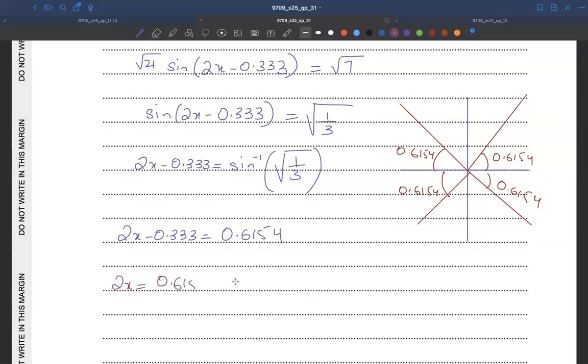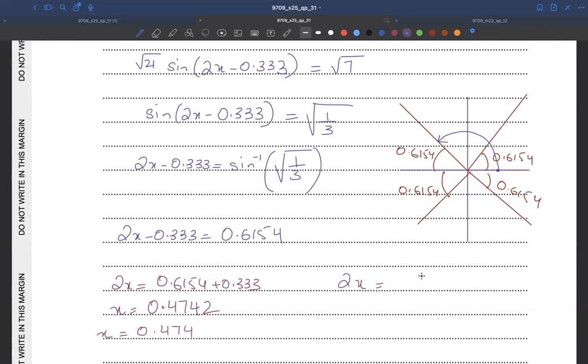0.6154 plus 0.333, and then we divide by 2. So plus 0.333 divided by 2, we get 0.474, and to three significant figures this answer will be 0.474 only. And then our second answer would be 2x equals to... first of all, this angle would be pi minus 0.6154, which equals 2.526.